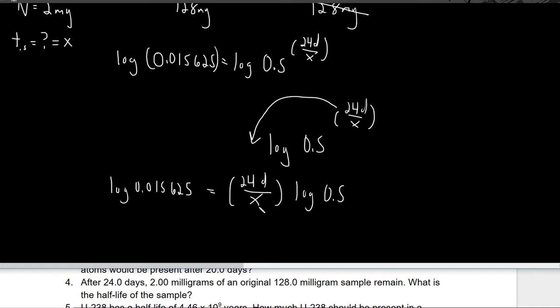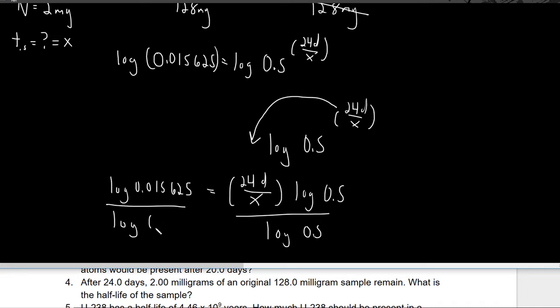Now, my exponent's in front. I'm actually able to do some math with it. And like I said, you're just going to have to trust me that this math works. Some math teachers can explain it, or if you shoot me an email or a comment, I can take care of that. But in any case, I now can get this part by itself by dividing both sides by the log of 0.5.